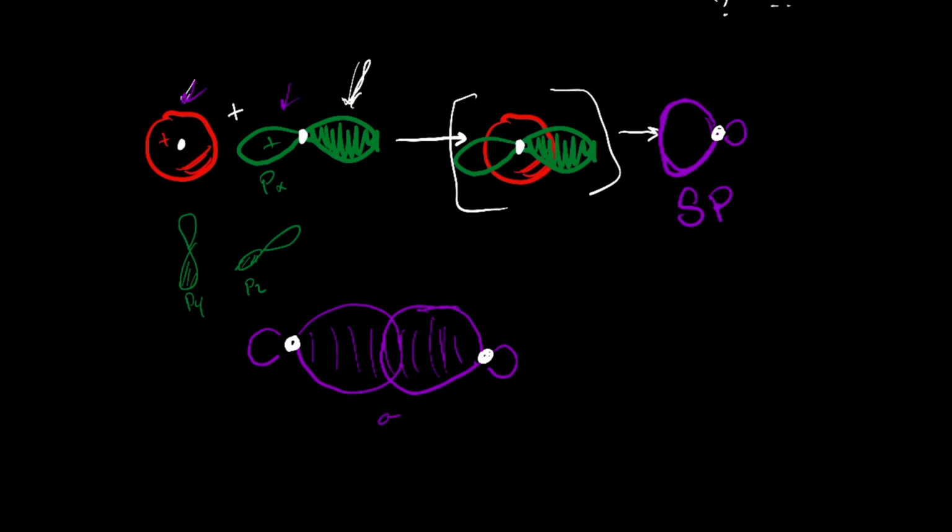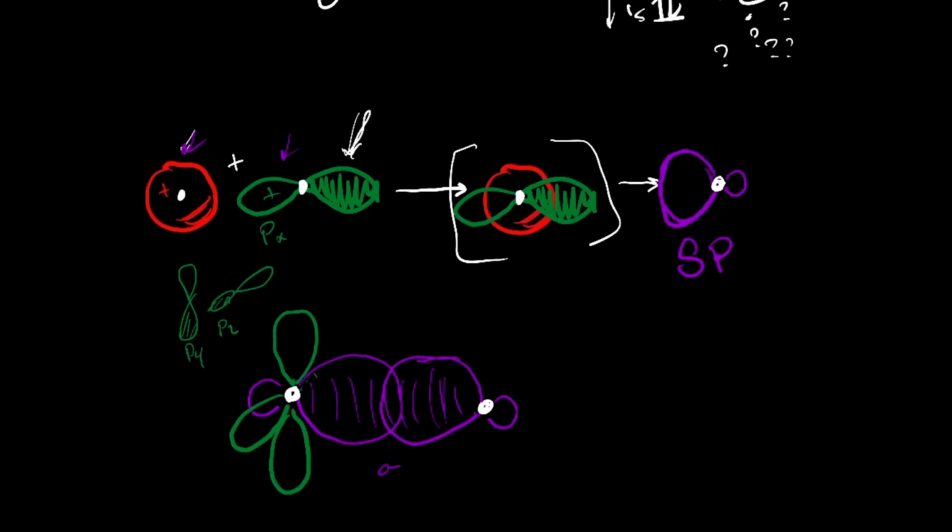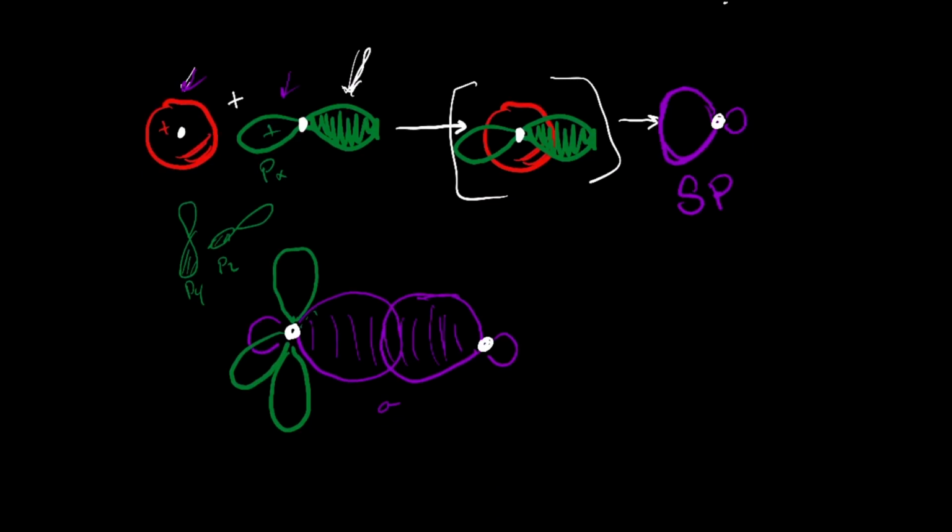So I can still draw in these orbitals, and you have to, because you have not accounted for them. So there's still a py orbital up here and down here, and there's still a pz orbital coming out here. The other one's behind a big purple sp. Big p orbital here, big p orbital here, pz orbital coming out here, right?